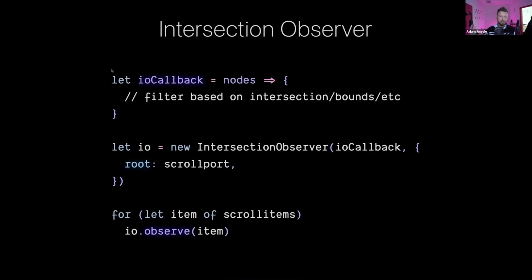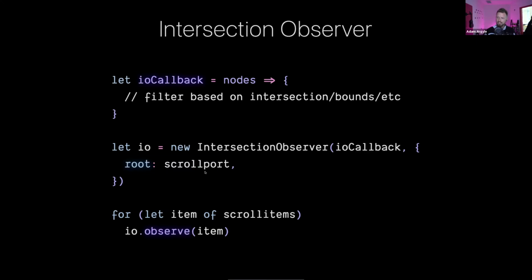Also included in scroll snap is this. You want to know about when things are coming in and out of the scroll port, so you can use an IntersectionObserver. You've got a callback that's going to be called back with the nodes that are particularly in view, and you can filter based on these. Each of these nodes is going to have properties about how much they're in view and stuff like that. You can create a new IntersectionObserver like this, pass it your callback and some options.